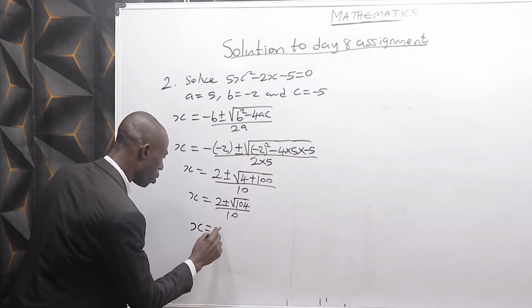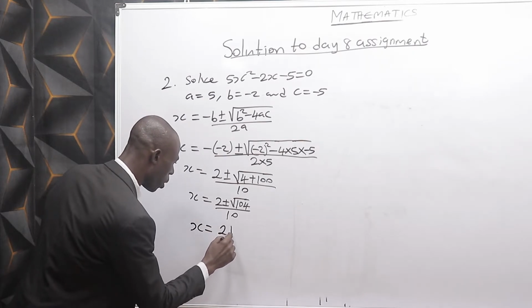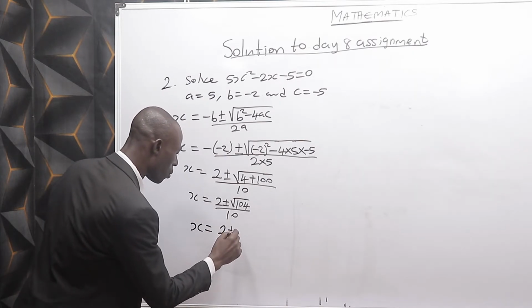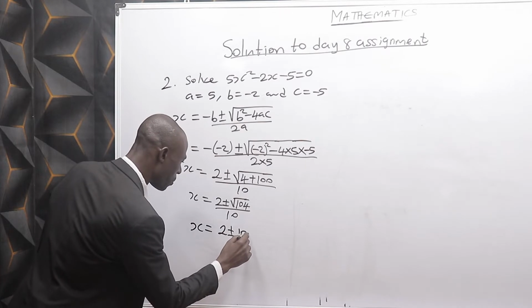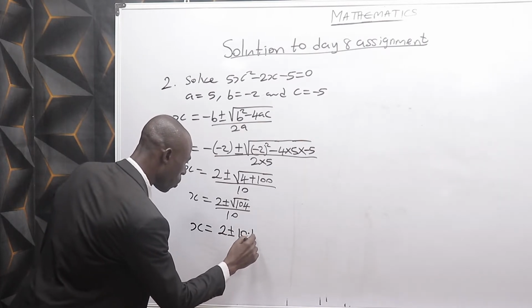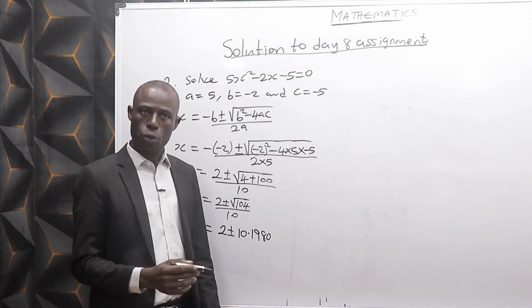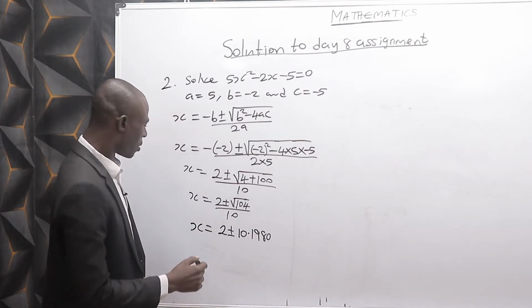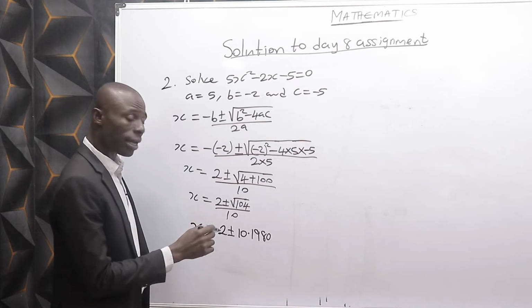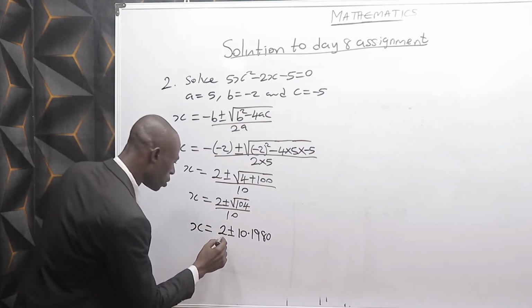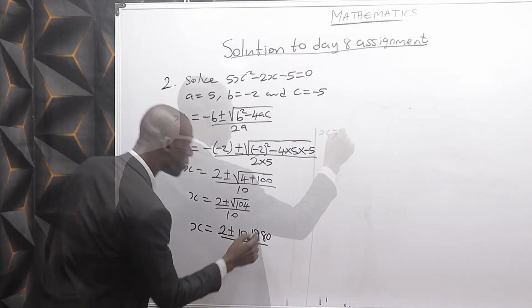x equals 2 plus or minus square root of 104, that is 10.1980. Do you understand? 10.1980 divided by 10.